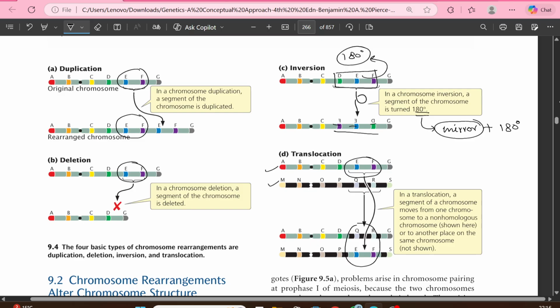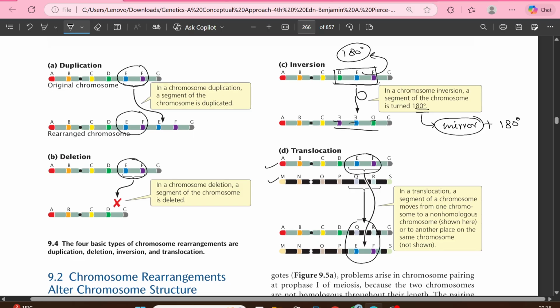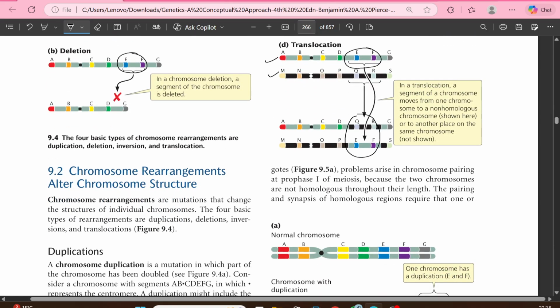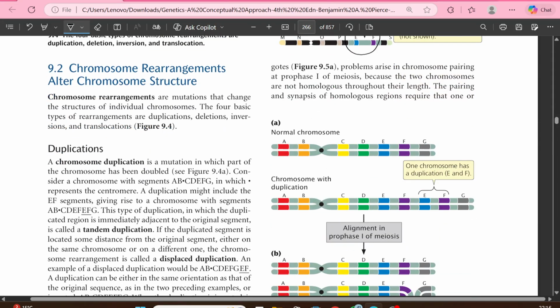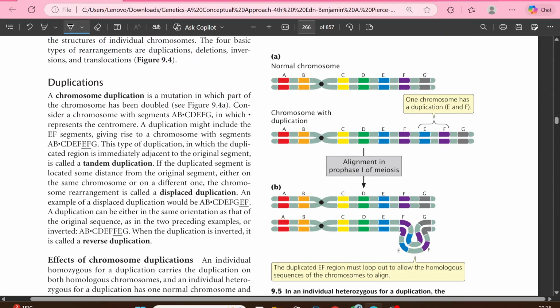That is basically the chromosome translocation which is occurring. So these are the four types of mutations which can lead to the change in chromosome structure. So the type 1 mutation, that is chromosomal structural mutations, consist of these four subtypes. So now we have to talk of all of them in detail.